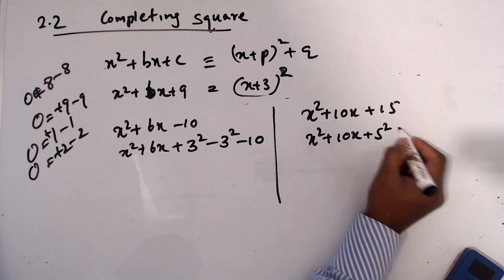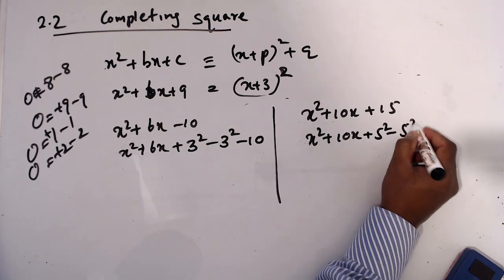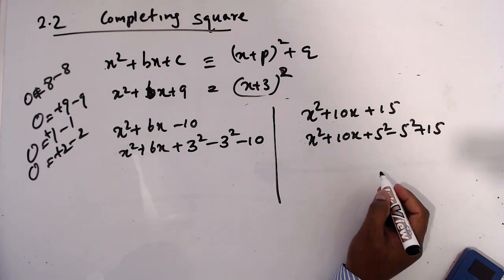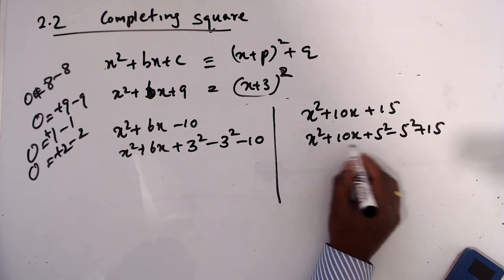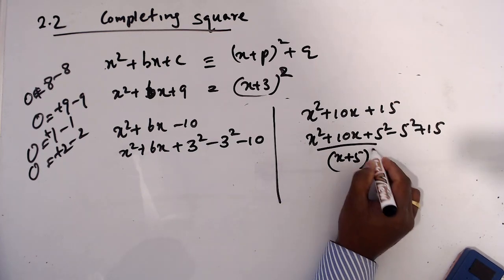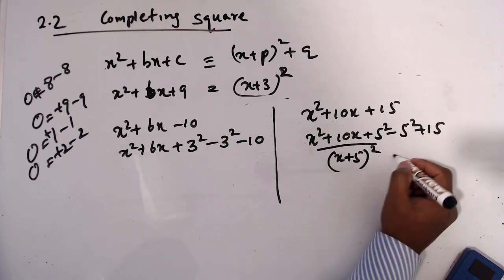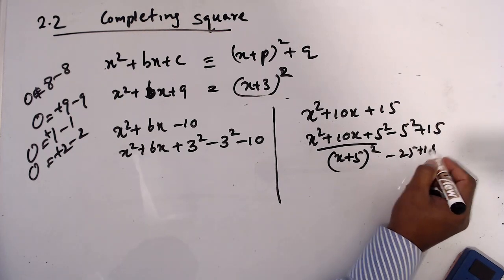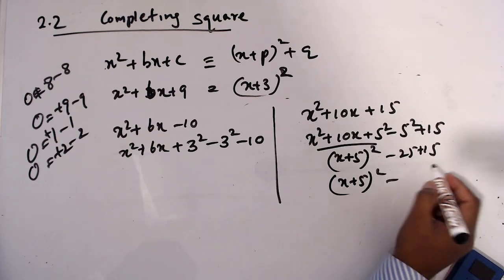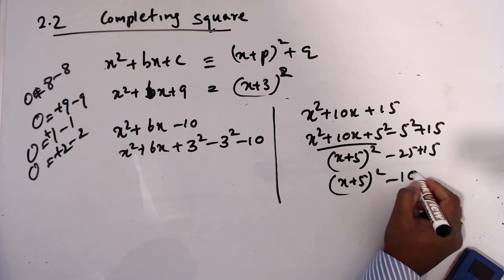Then you add 5 squared and you minus 5 squared, and plus 15. Right? You can write this as (x plus 5) squared, and this is minus 25 plus 15. Then (x plus 5) squared minus 10.